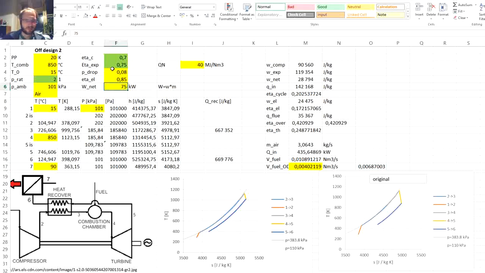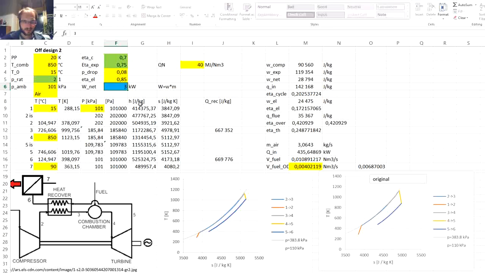What we will do is iterate this net power output value so that the calculated flow rate corresponds to the required one.